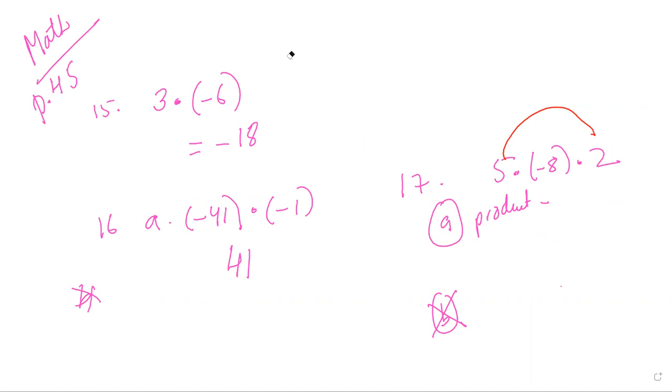What? 40? 5 times minus 8 is? Minus 40. No. 5 times 8 is minus 40. What is left? Times 2.